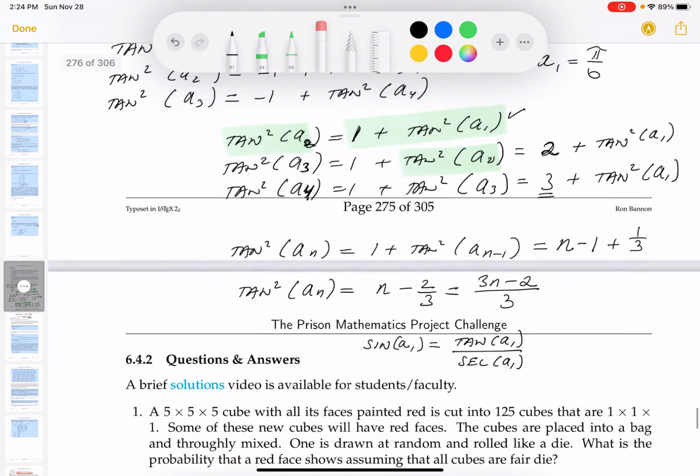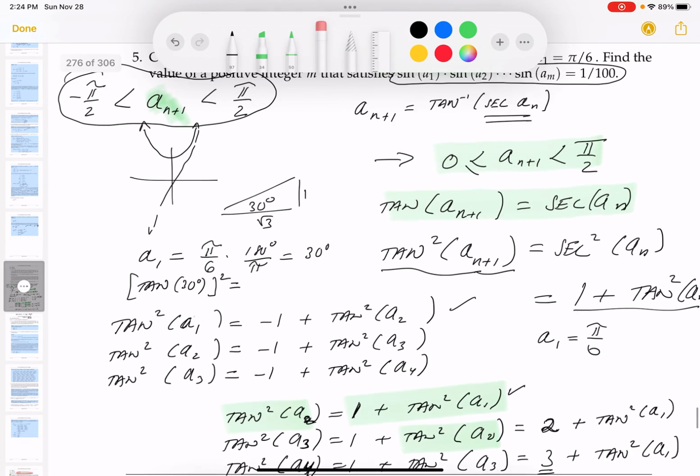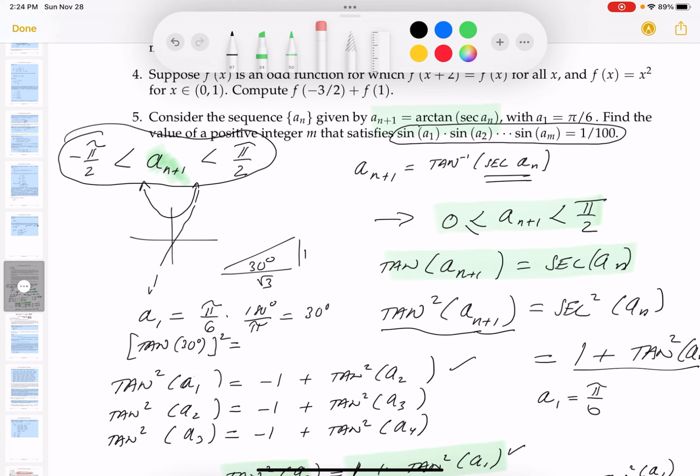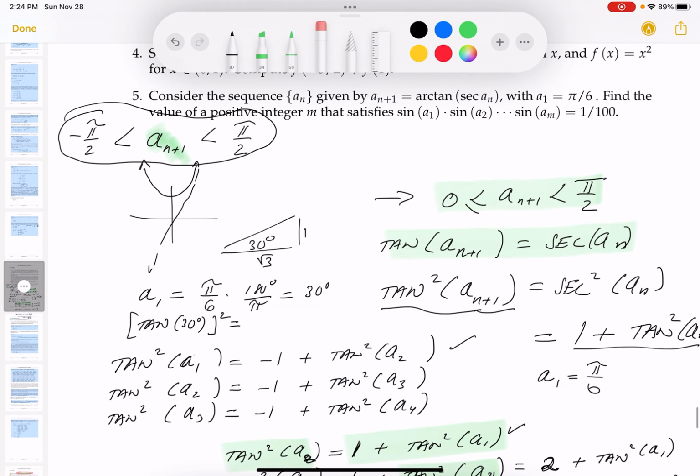Okay, let's go back. And let me just make a little bit of an erasure over here. I don't need this anymore. And I'm wondering how am I going to do this? And what do I know? I'll write this down for you.